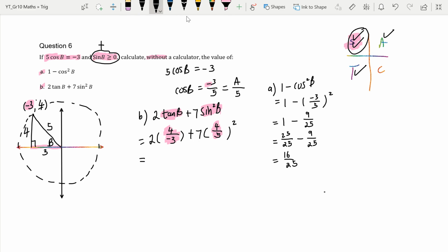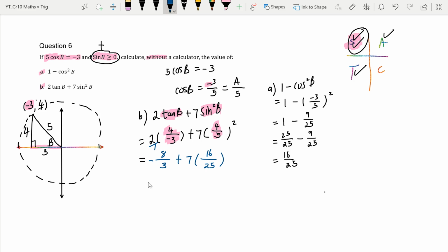So if I put that 1 over 1, since we are dealing with fractions, it would be 2 over 1 times 4 over negative 3. So that would give us 8 over 3, and that would be negative. And that would be plus 7 times, well, if we square that, that would give us 16 over 25.